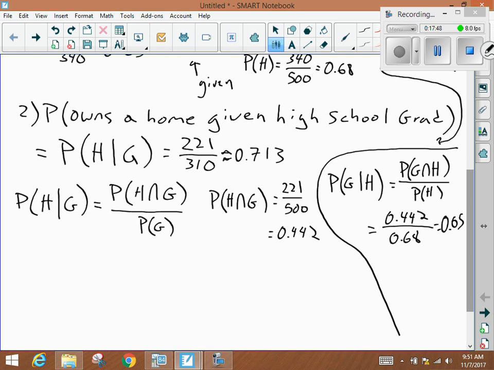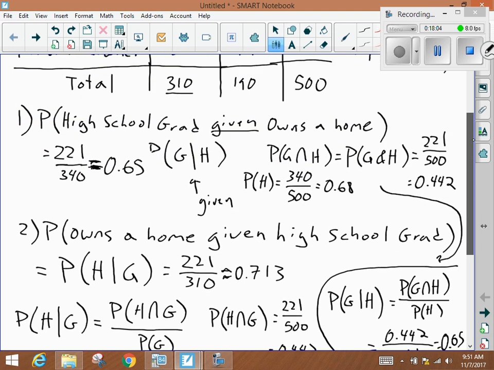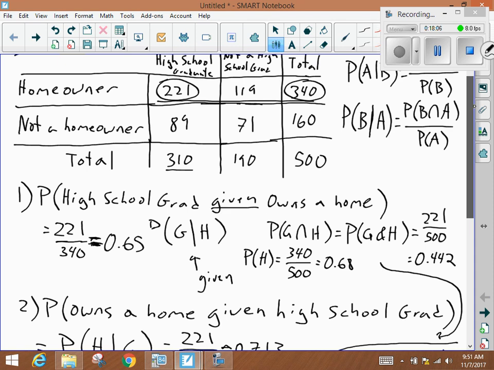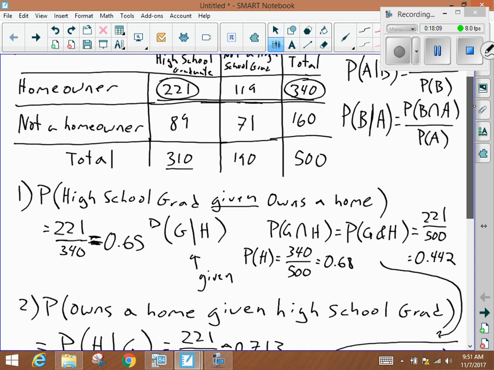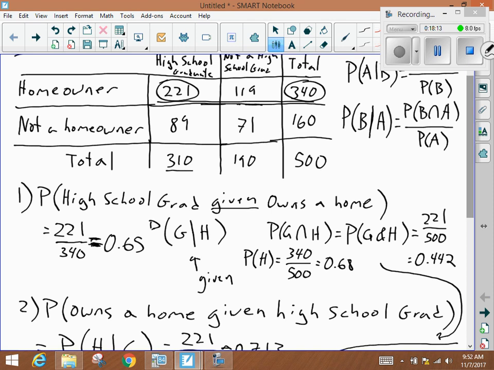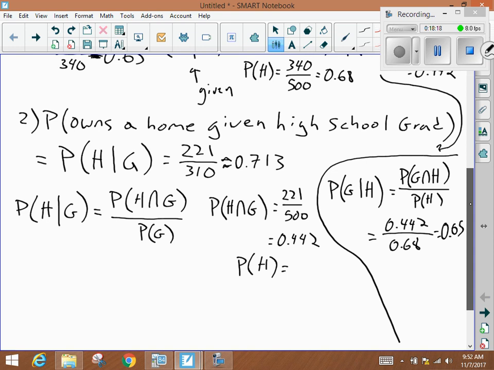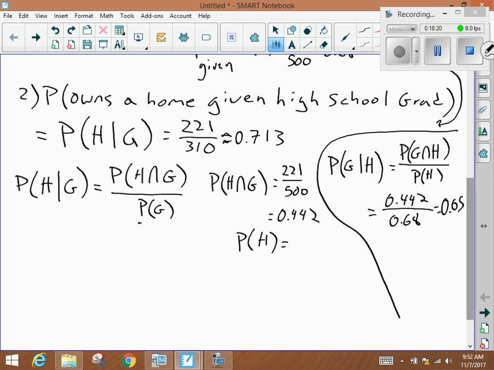And then we've not calculated the probability G yet. So the probability that a person is a homeowner is going to be 340 out of 500, right? We already did that. Except that's not the one we want. Sorry, we want this one.